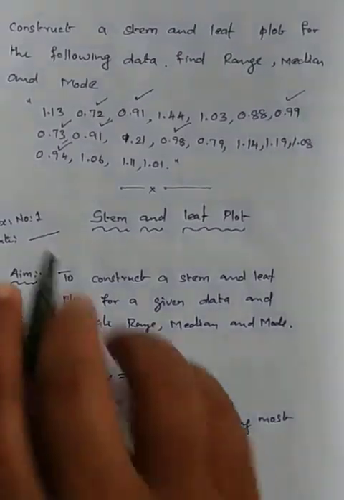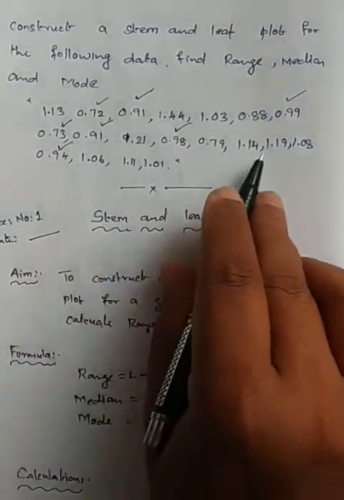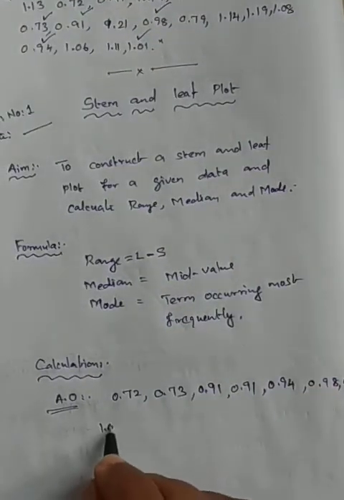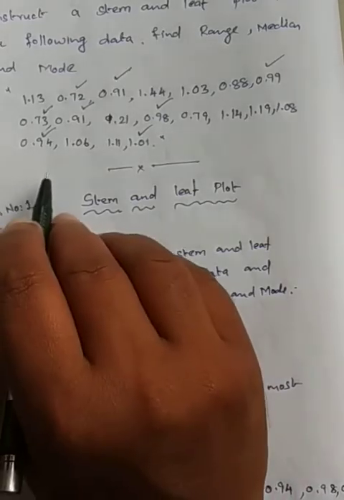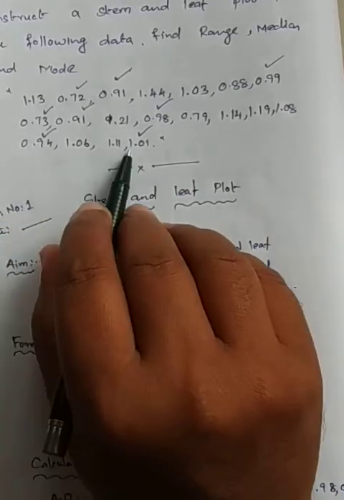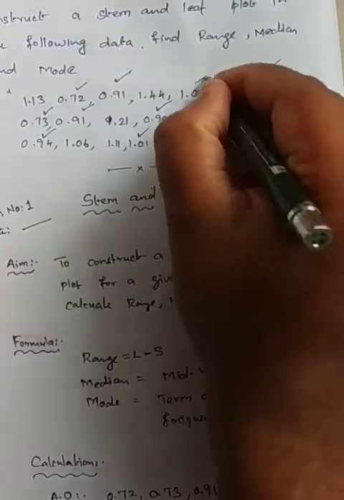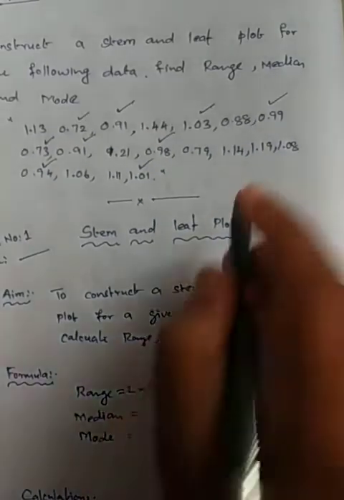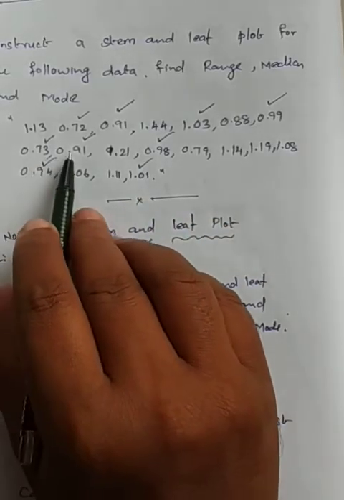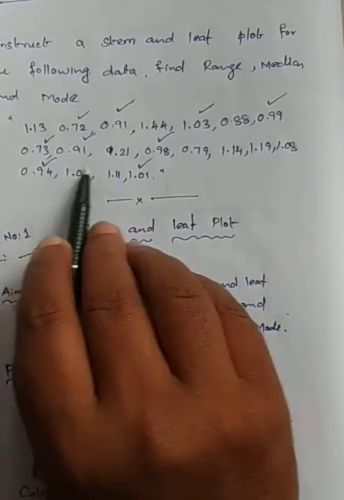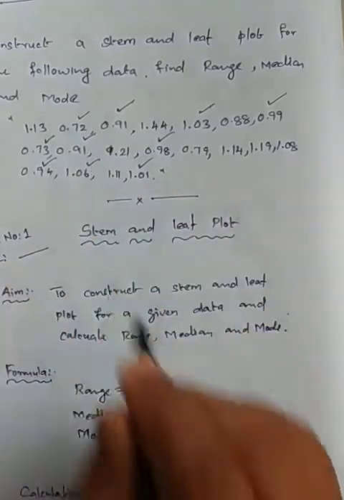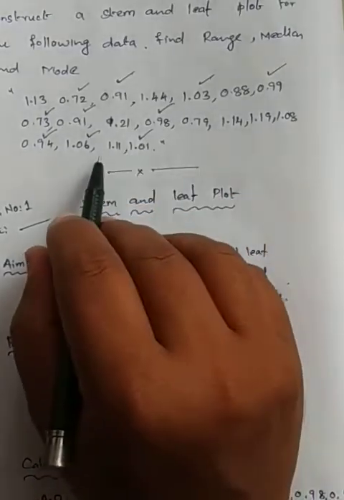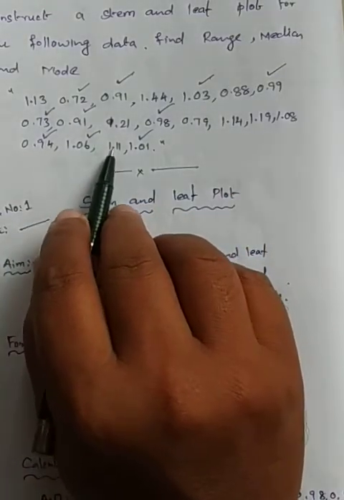Now after this one, what is that? 1, you can check. 1.01 is there, so 1.01. Next one after 1.01, you check: 1.03 is there, so you write 1.03. And the next one, after 1.03? You check it: 1.06. And the next we are having, you just write it: 1.06 and 1.11.